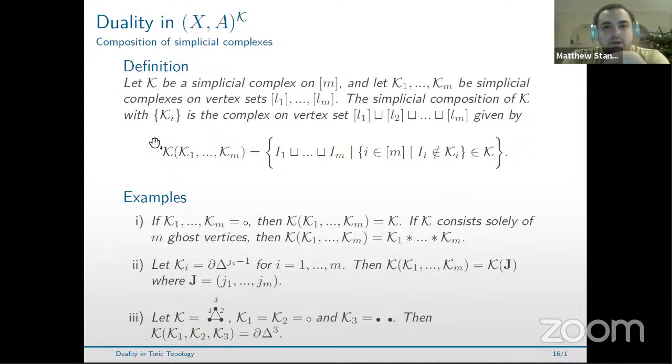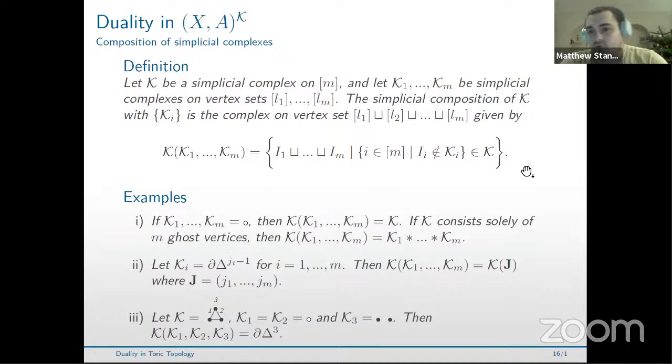So the composition of simplicial complexes, essentially what it does is it takes a simplicial complex K on m vertices, together with m other simplicial complexes, K1 through Km, and joins them together somehow. And we end up with a simplicial complex on the vertex set, which is the disjoint union of the vertex sets of the simplicial complexes K1 through Km. And it's given in this way.